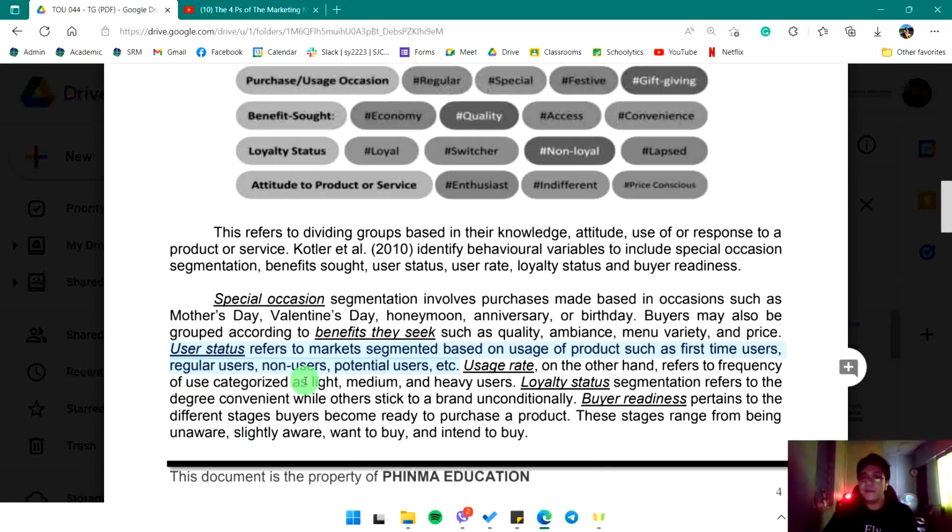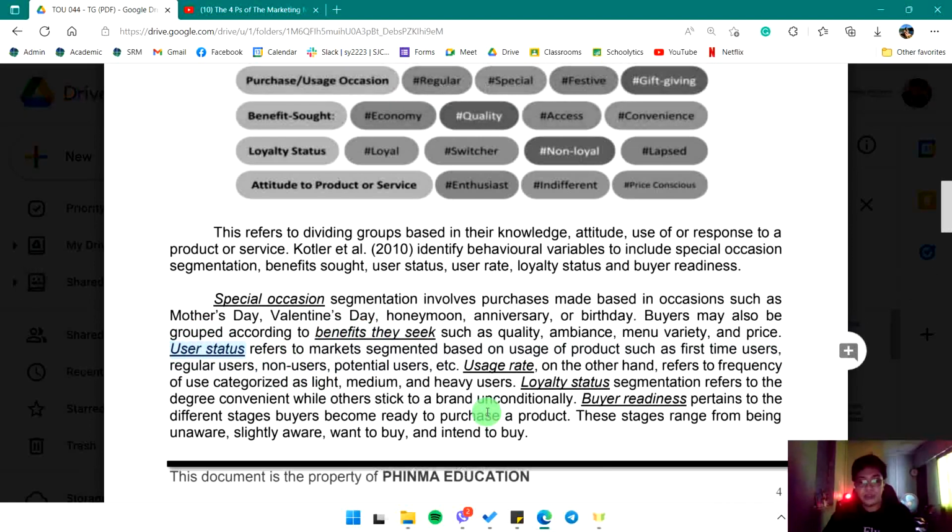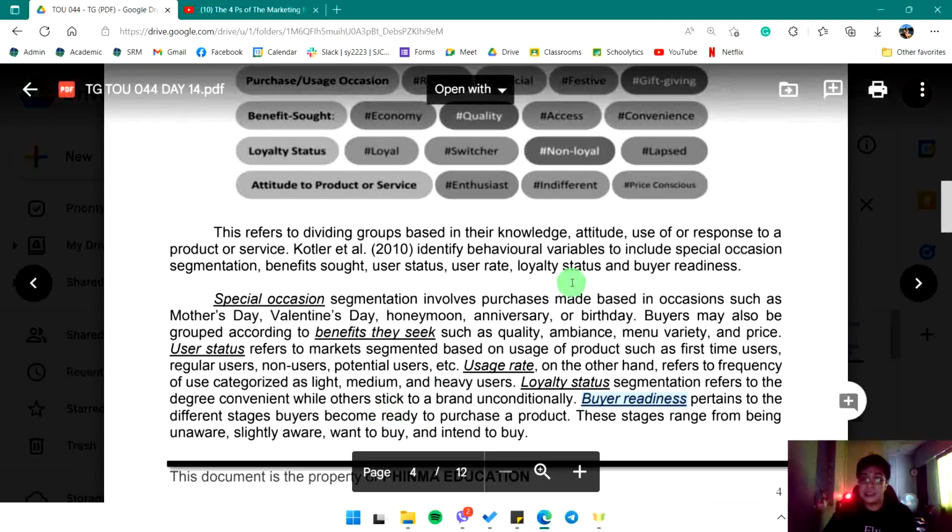So, by studying how the market moves or how the market behaves, we will have an idea on how can we better market our products to them. Aside from benefits and aside from the amount of use they do on that product, pag-uusapan din natin yung usage rate, loyalty status nila sa brand, and buyer readiness when it comes to ready ba silang mag-purchase ng product na ito or hindi.